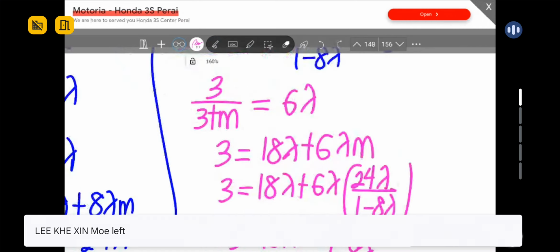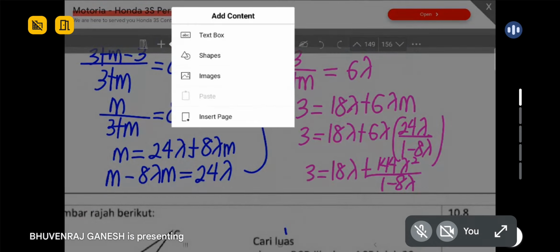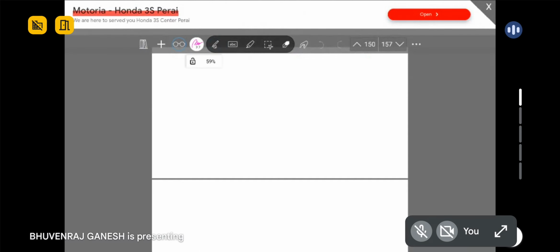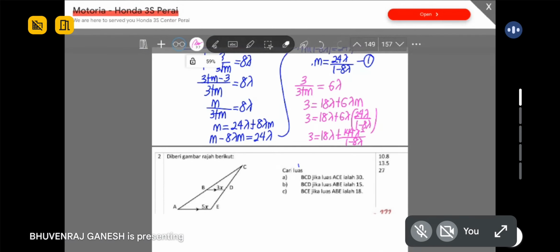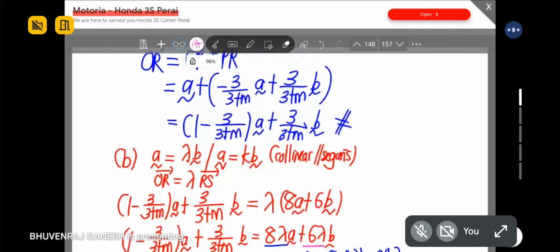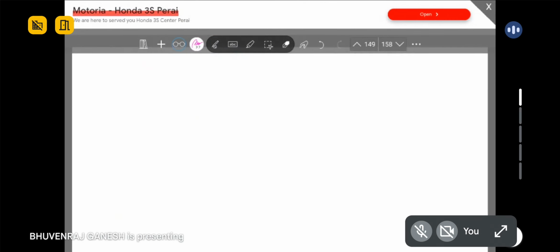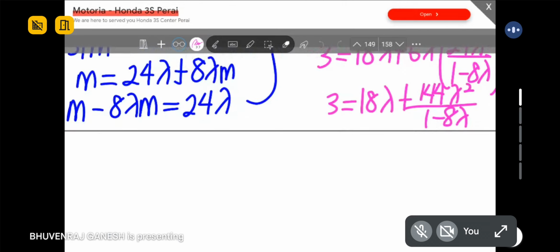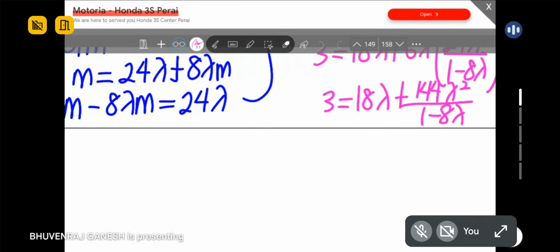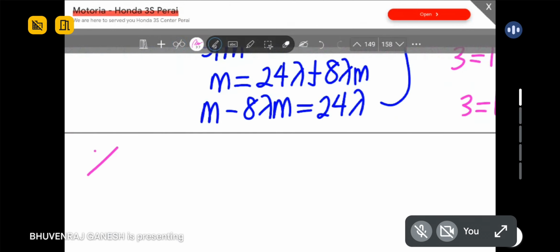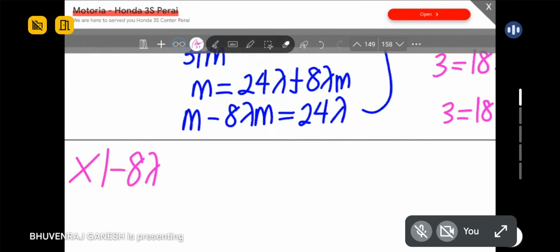From here, I need to show down now, guys. New page. Wow, this question is very long. From here, you can times the whole equation by 1 minus 8 lambda. Darab saja dengan 1 tolak 8 lambda.